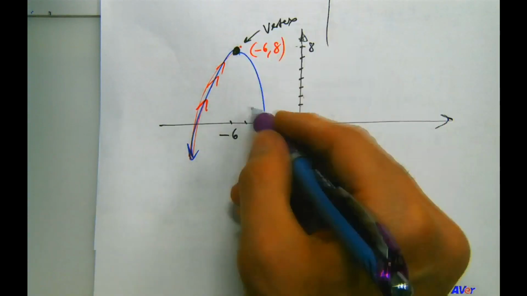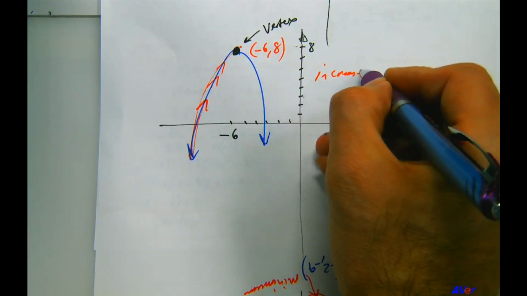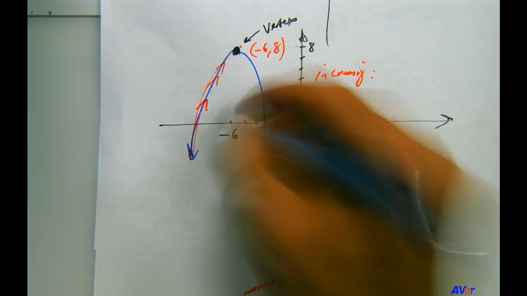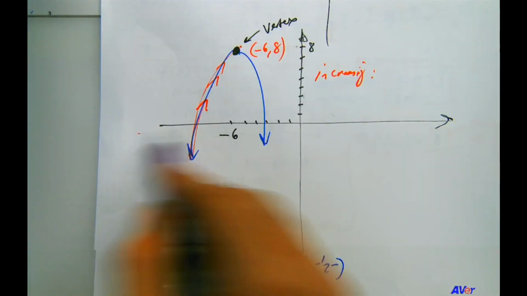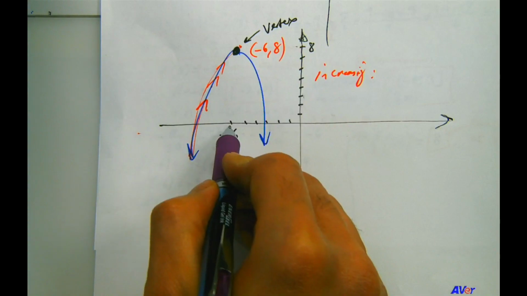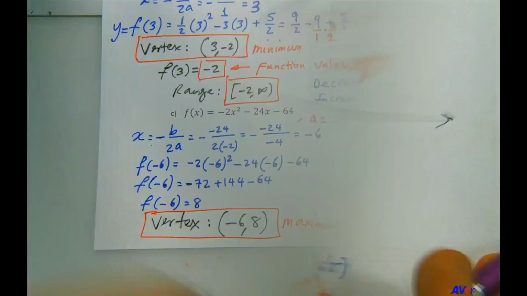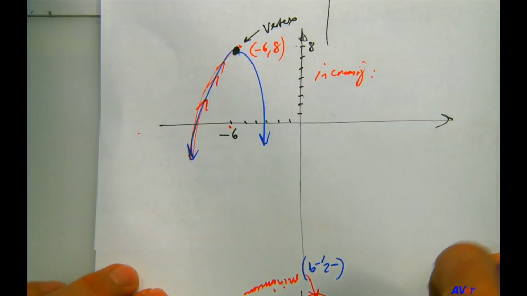So the graph is increasing from negative infinity all the way to negative 6. It's increasing. Oh, did we give the range? No, we didn't give the range. So we also have to give that.